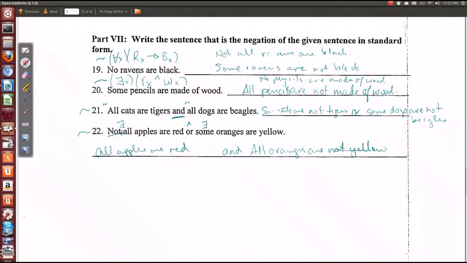Notice that I had the not, so it disappeared. There is no not here. Here I did not have a not, so I had to put the not in. So I ended up with all apples are red and all oranges are not yellow.